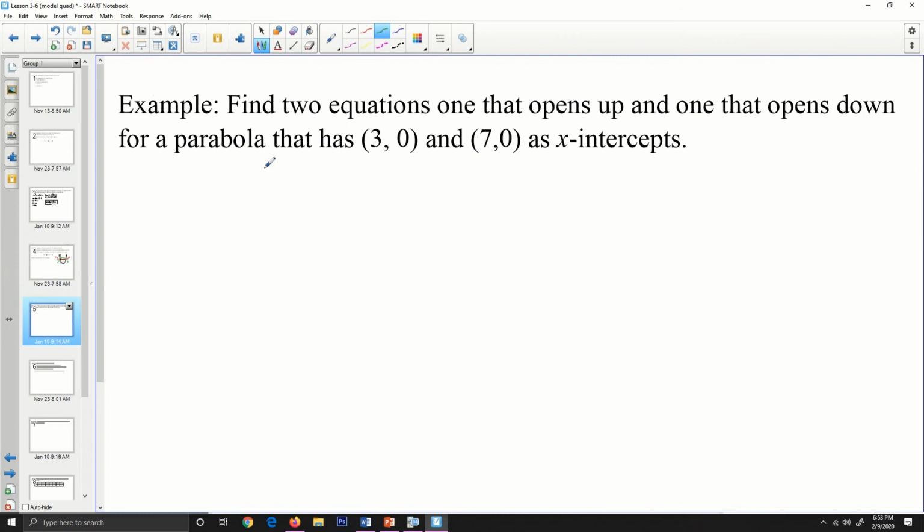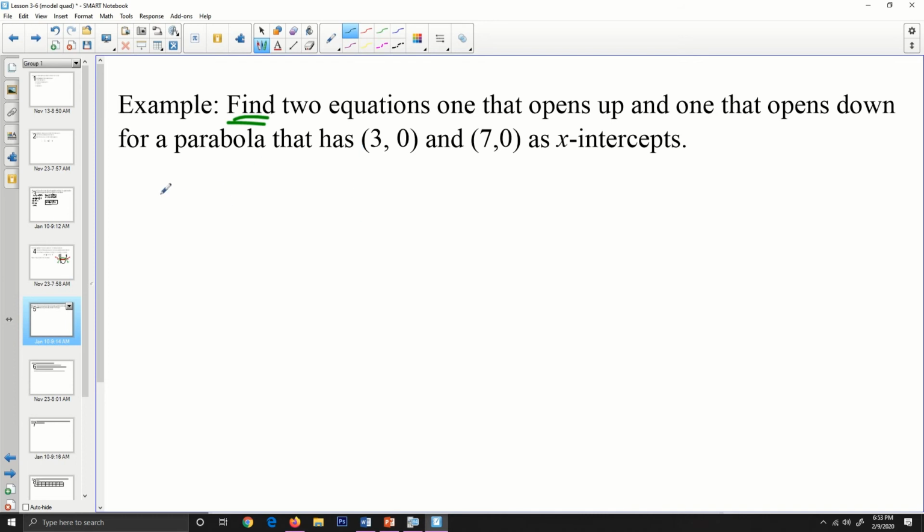So let's see here. Find two equations, one that opens up and one that opens down, that has 3, 0 and 7, 0 as x-intercepts. Since it says find two equations, we're just going to make up an a value that's going to work.